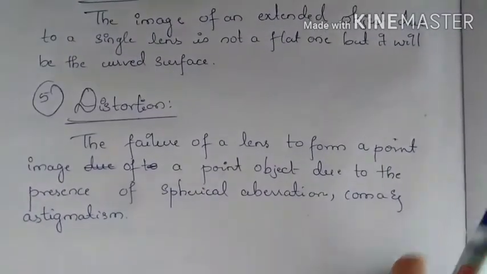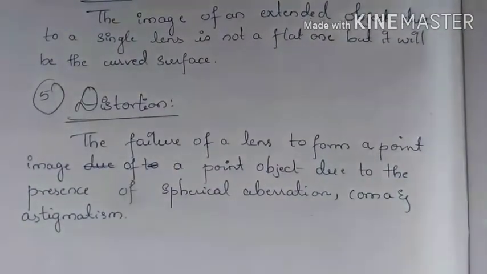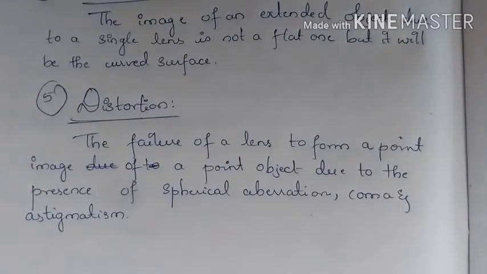Now the last one is the distortion. In distortion, the lens will not form the point image of a point object. That is because of the spherical aberration, the coma aberration and the astigmatism that are there in the lens. Due to all these aberrations, the lens will not form the point image of a point object. That is known as distortion.